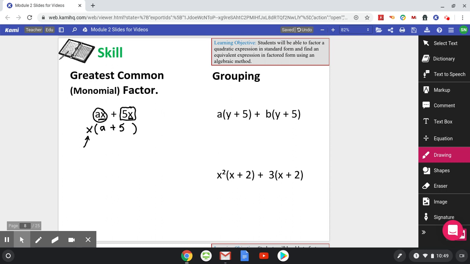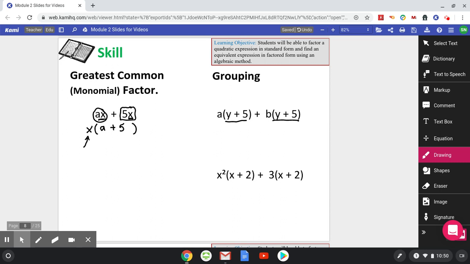We will be using the same idea on the right, on the grouping. This is, of course, the easier problem, and we will move on to the slightly more difficult problem later on. So let's take a look at the problem at the top right. If you look at this right here and also on the other one, both of them have y plus 5 in common.